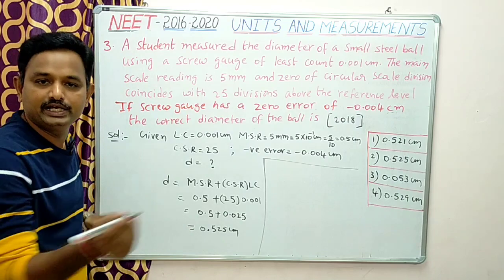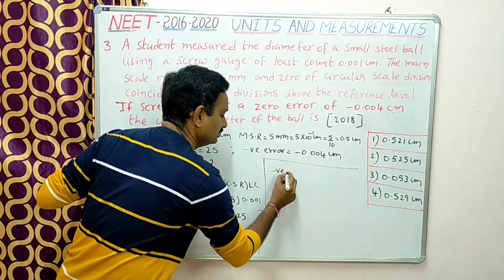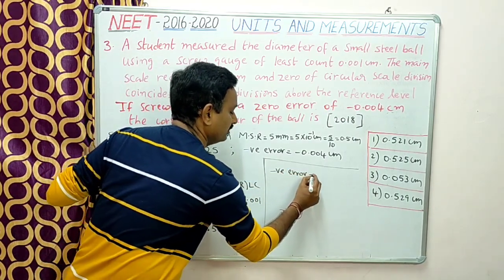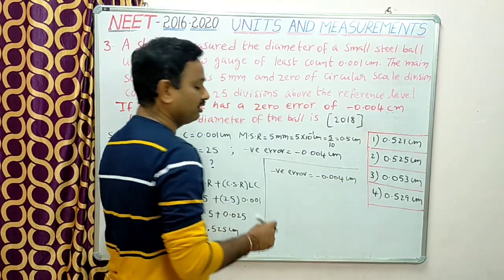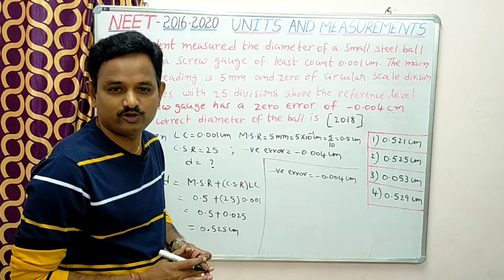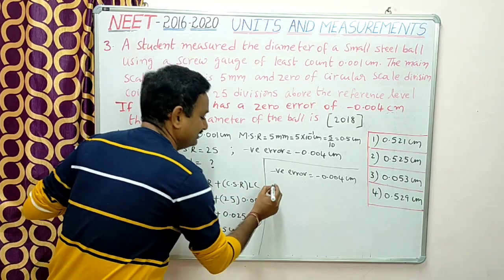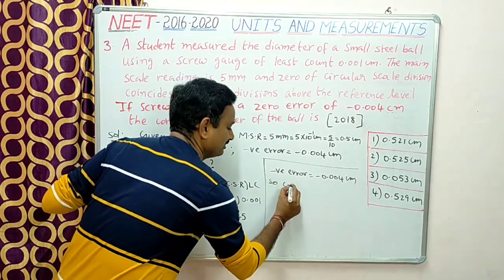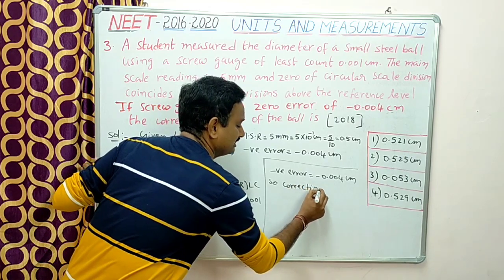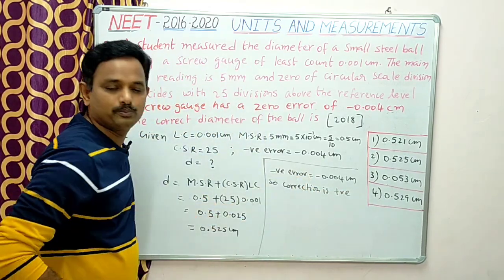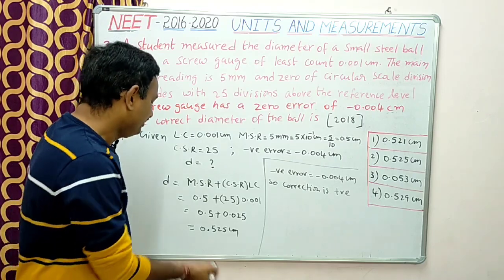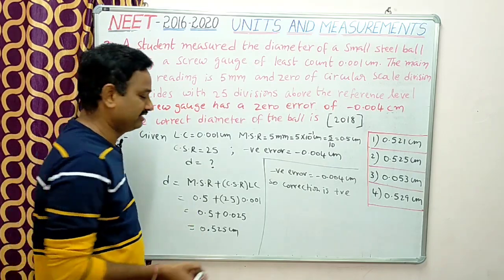Okay. So, but here we have negative error. Okay. Here negative error is minus 0.004 centimeter. So error is negative. Therefore correction is positive. Okay. So we have to add this 0.004 centimeter with this 0.525 centimeter.